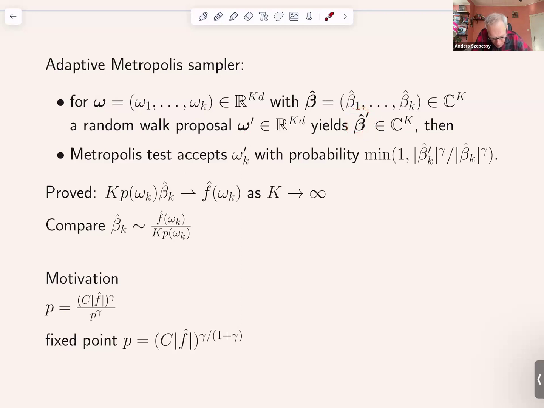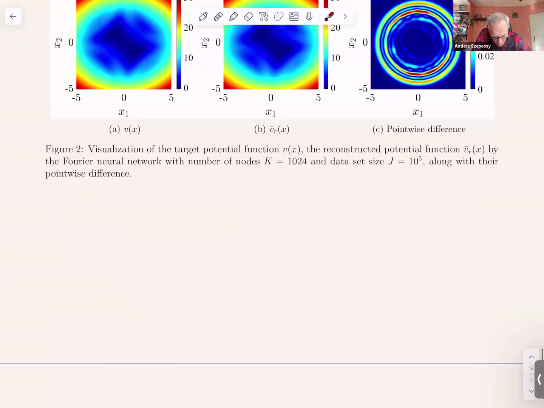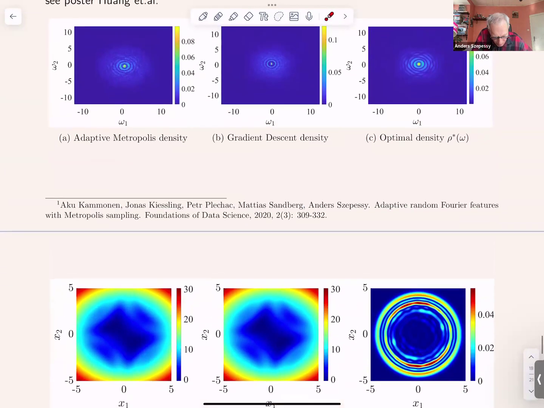Then we apply a Metropolis test with respect to the new amplitudes, and this test is given by taking the proposal amplitudes divided by the current amplitudes, and then a power gamma that I will explain shortly. It should be large. So that was what is used in the sampling here, adaptive Metropolis.